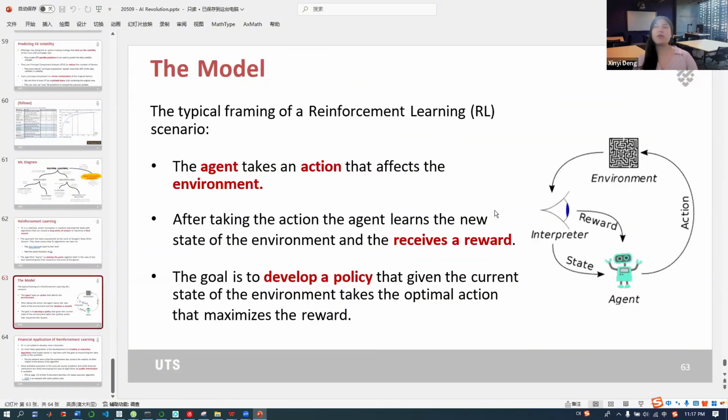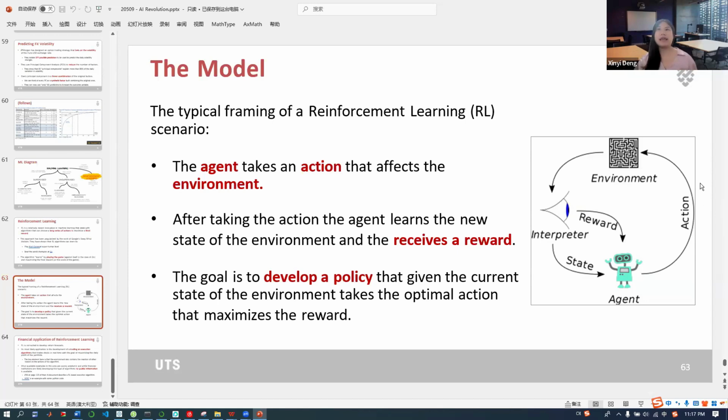In reinforcement learning, we have an environment and we also have an agent. This figure depicts a typical reinforcement learning problem, in which the environment also has different states.